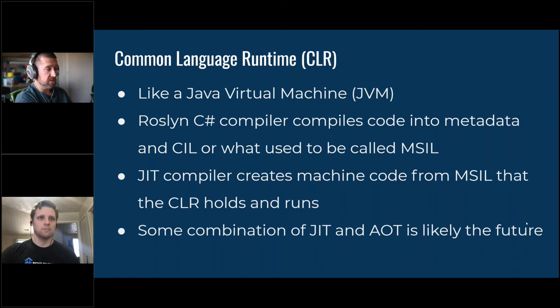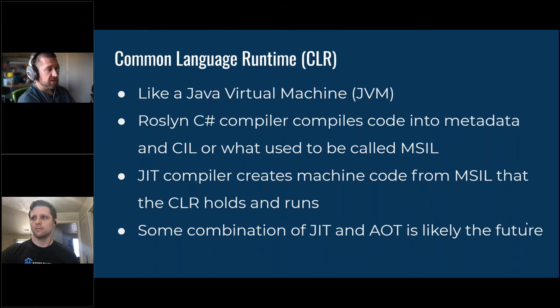This used to be called MSIL, for Microsoft Intermediate Language. What that actually is, is not machine code. It's an intermediate language, a bunch of platform independent instructions that later will get compiled into actual machine code.